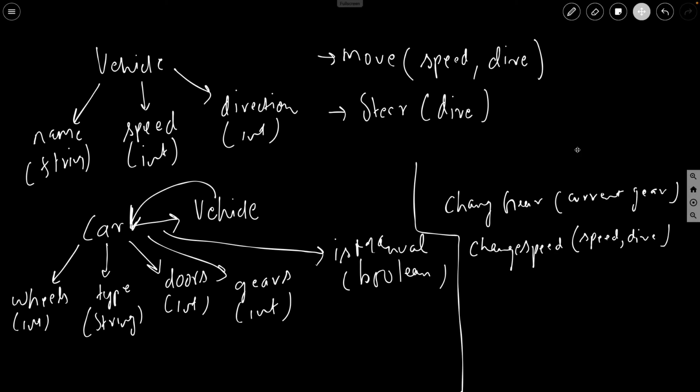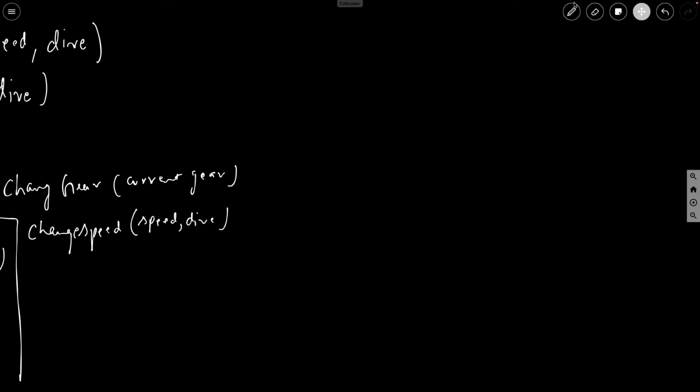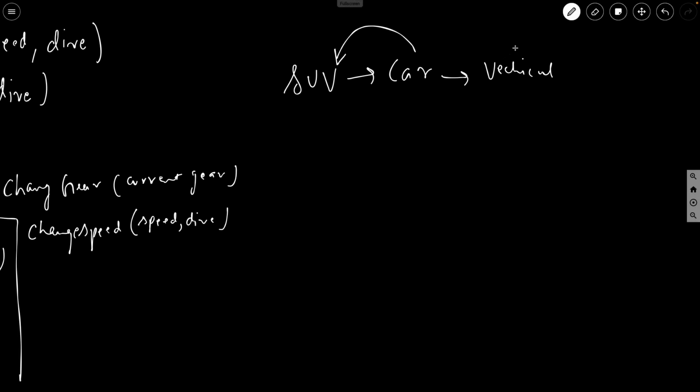And then we have another class here, let's say SUV. You create a class called SUV, which will inherit from the car class, because an SUV is a car. So all the properties of car will automatically be in SUV. And as we know, car is extending from vehicle, so car has all the properties of vehicle.